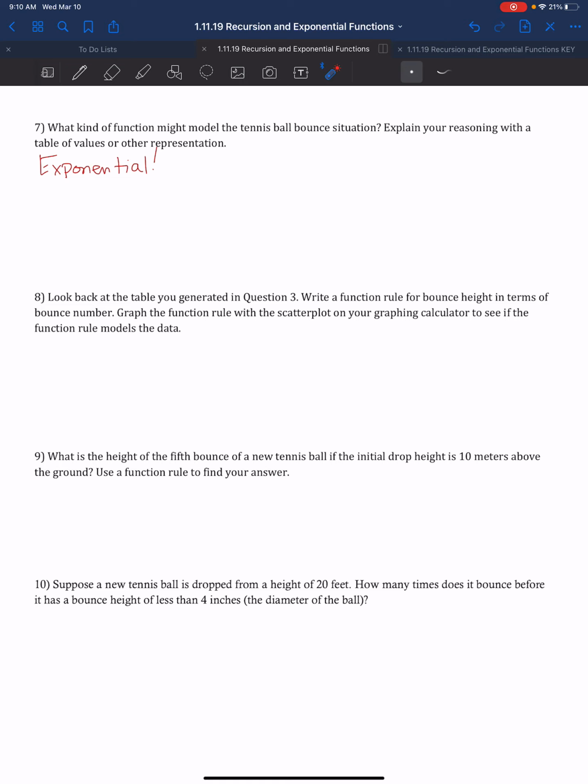So I'm going to say there is a common ratio, and I'm going to say not linear because change in height is not constant.